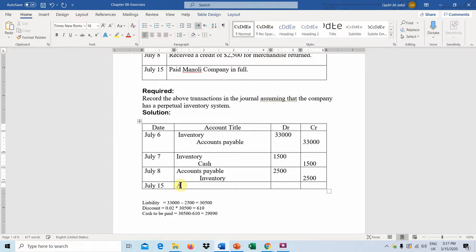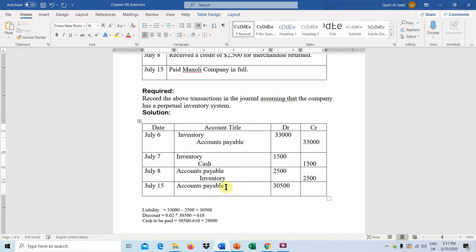So now the liability balance is 30,500, and I will pay cash.